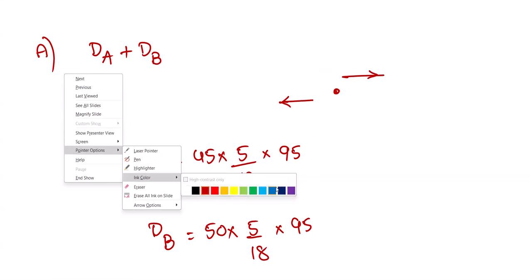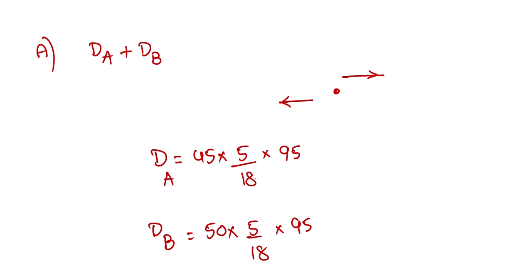If you take the difference, the terms cancel nicely, whereas here it won't get cancelled. So the better way is to add these two, where 5 into 95 divided by 18 is common. When we add both, 45 plus 50 is 95, and the remaining terms are common.